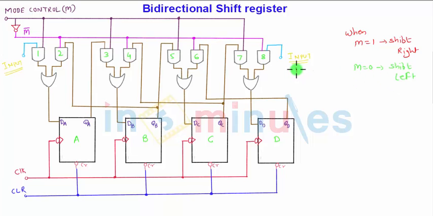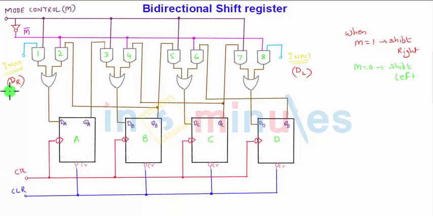So here I will write data L, that is the data which is shifted towards left, and when you want to shift it to right, I will write shift right. It will be provided at AND gate 1, so it will be data which is going to move towards right, so I will write DR, data R.